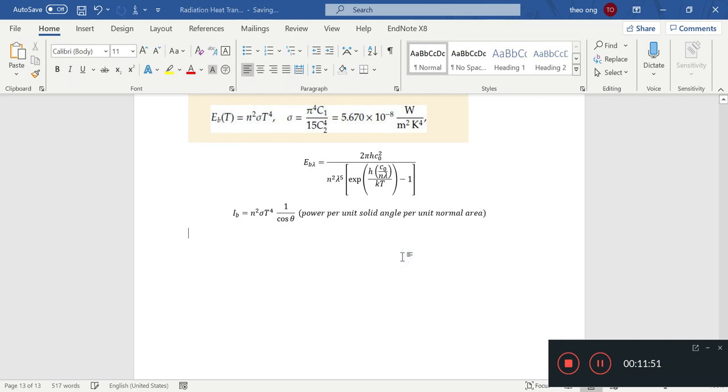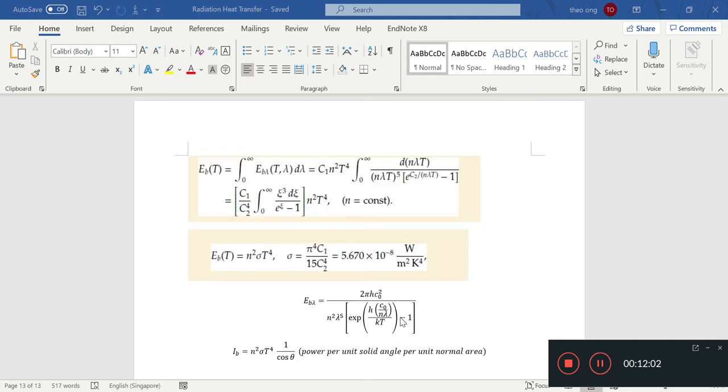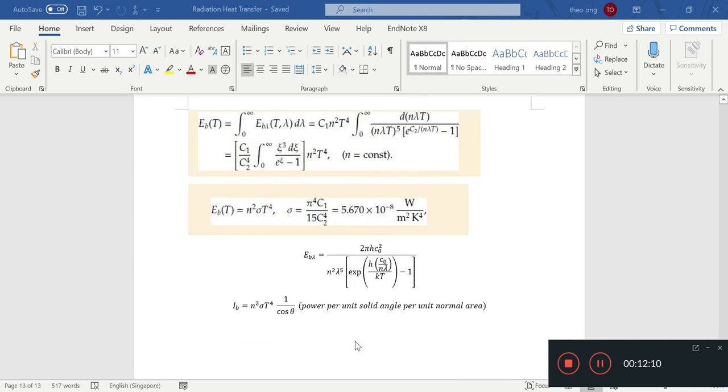So this is what the black body intensity looks like. Now, of course, if we have an expression for the power per unit solid angle per unit normal area, we'll have something that looks like this.